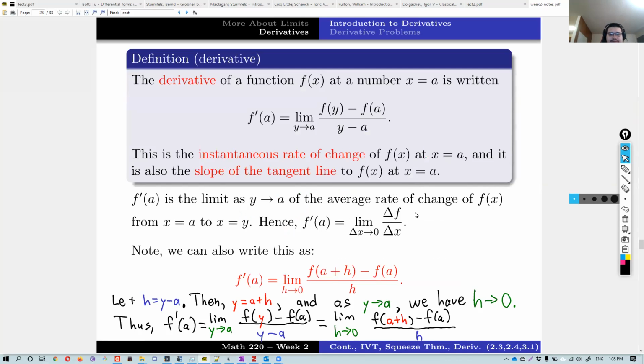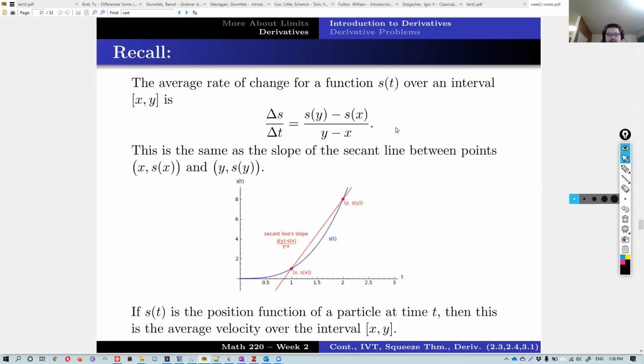Okay. And symbolically, there are different ways of writing this. So we've got now this guy and this guy. These two limits are ways of expressing the idea of a derivative. Notice that here we have this slope.